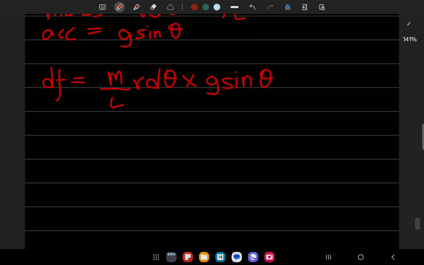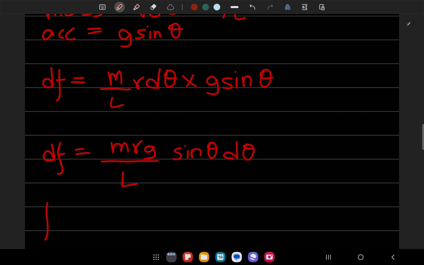Rearranging, dF is equal to m r g by L sine theta d theta, keeping constants on one side and variables on the other. Now integrate this.